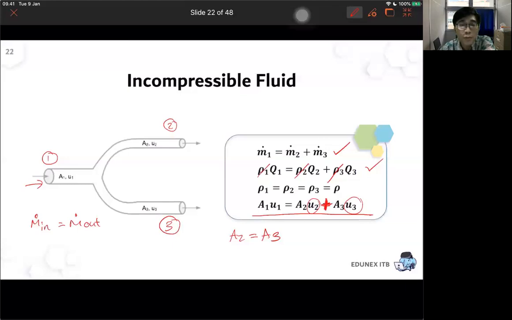But if you have different areas, then how? You need to calculate first. Using the ratio, sir? Yeah, you can use the ratio, or basically you need to calculate first each area of the inlet and outlet, and then you can correlate with this formula.